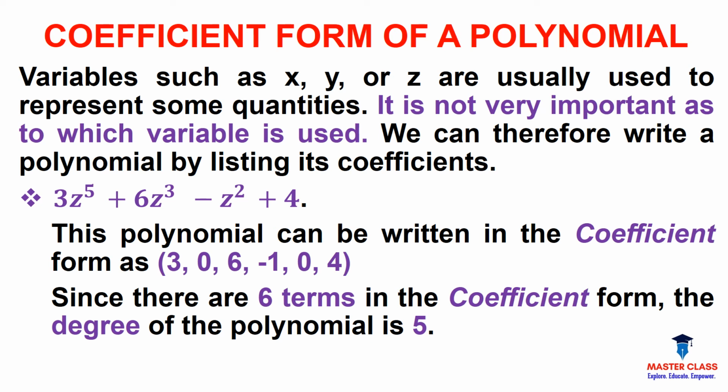The polynomial 3z raised to 5 plus 6z cube minus z square plus 4 can be written in the coefficient form as 3, 0, 6, minus 1, 0, 4. To write a polynomial in coefficient form, we must simply list the coefficients of the polynomial within brackets separated by commas. Since there are 6 terms in the coefficient form, the degree of the polynomial is 5.